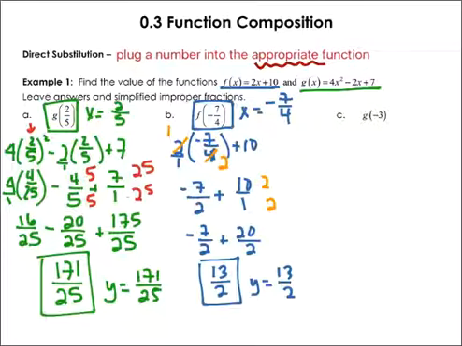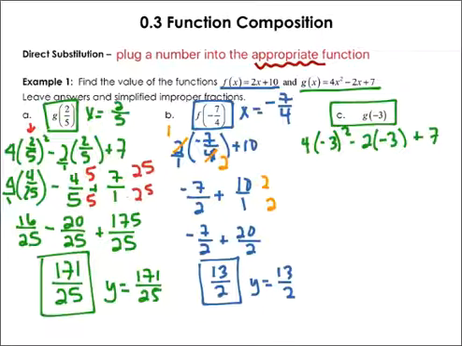Alright, the last example, we're going back to g. This time we're going to replace all the x values with a -3. So I'm starting with 4 times -3 squared, minus 2 times -3, plus 7. Be really careful with your negative signs.